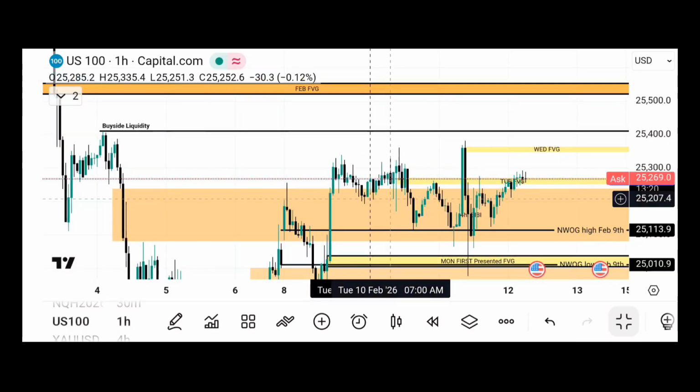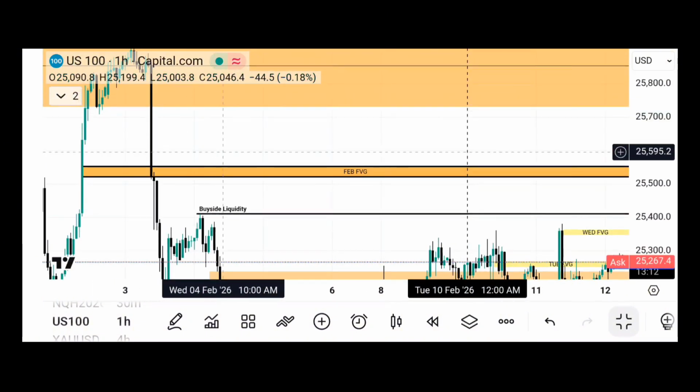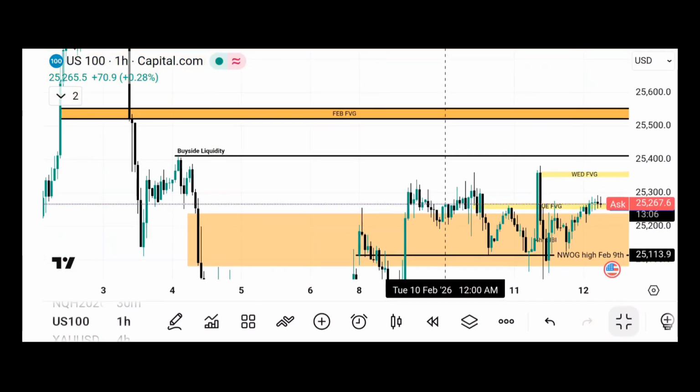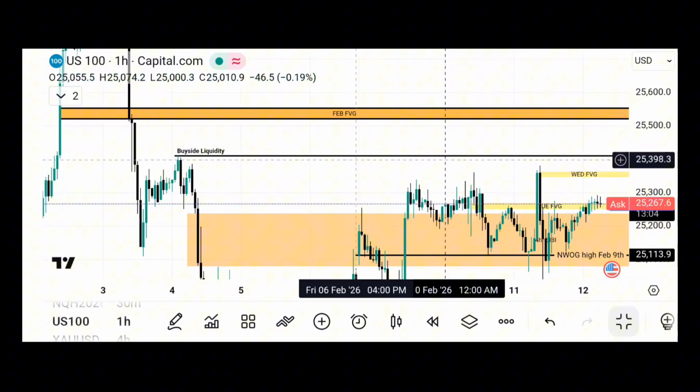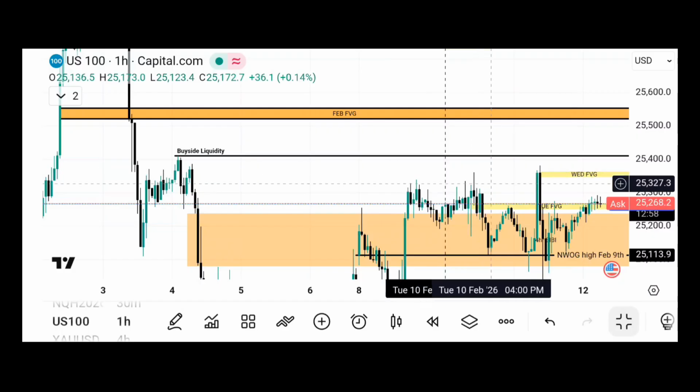For this particular day, this is a Tuesday, my draw on liquidity was not for price to necessarily trade into this CB or this fair value gap right here, the first presented fair value gap for February. My draw on liquidity was for price to trade to take out this high right here. So I was bullish. My trading bias for Tuesday was bullish.